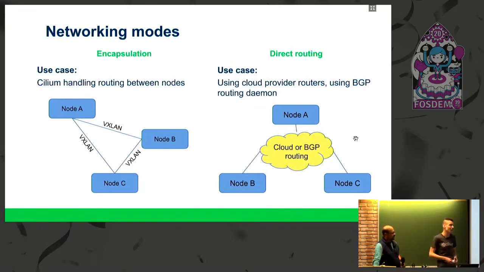The most popular case of using the second mode is in AWS, where you have ENI. So basically the first method is more for bare metal installations, and the second for cloud providers or bare metal with BGP.